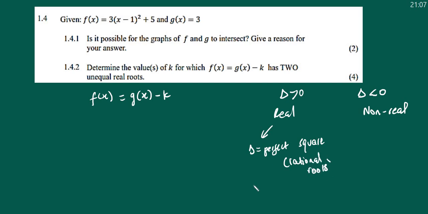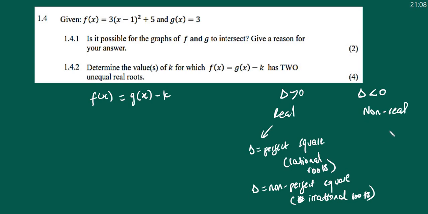If the discriminant is a non-perfect square, then you're going to have irrational roots.